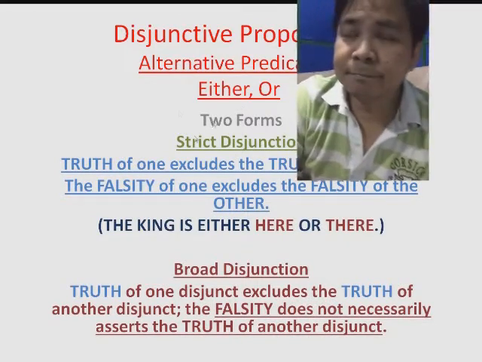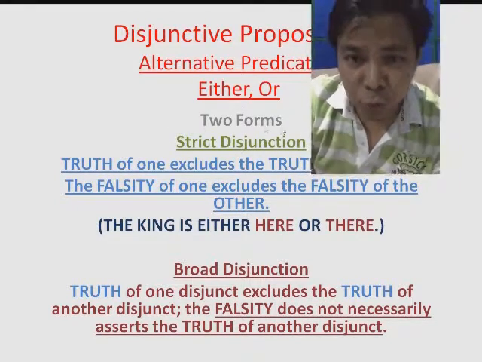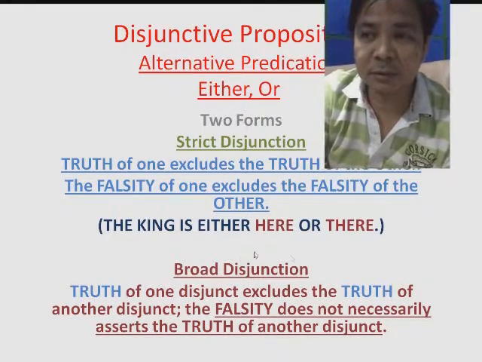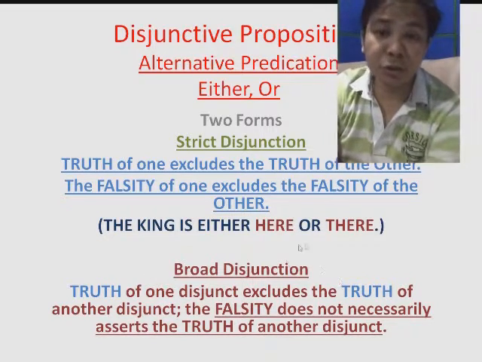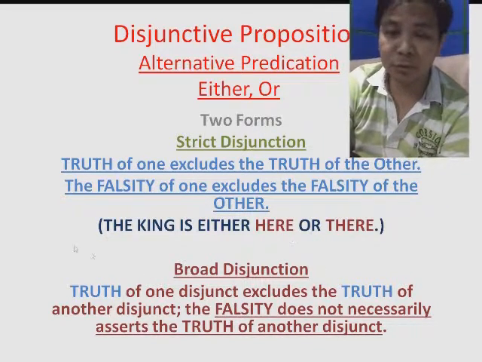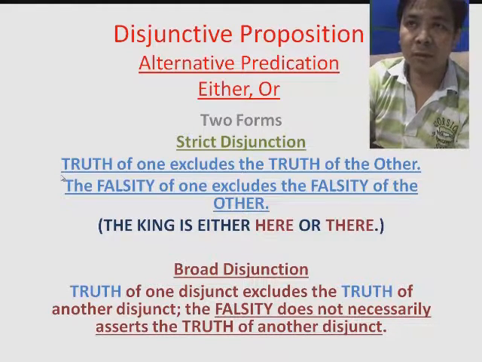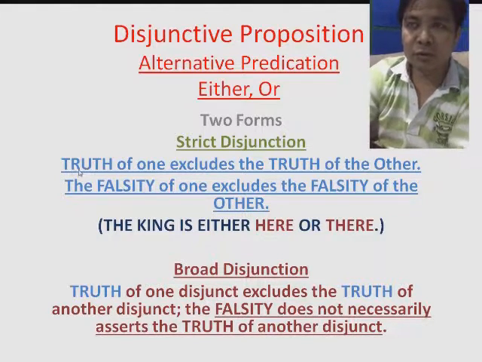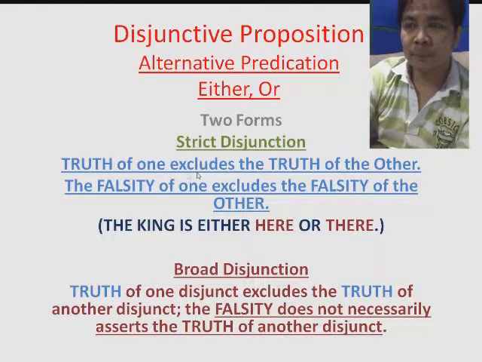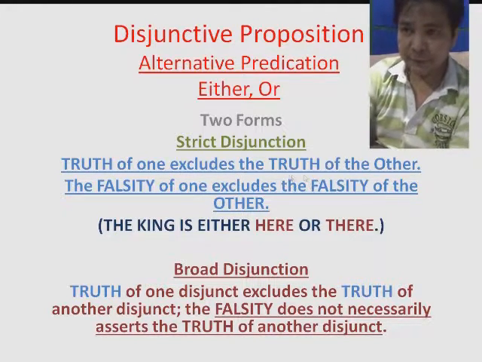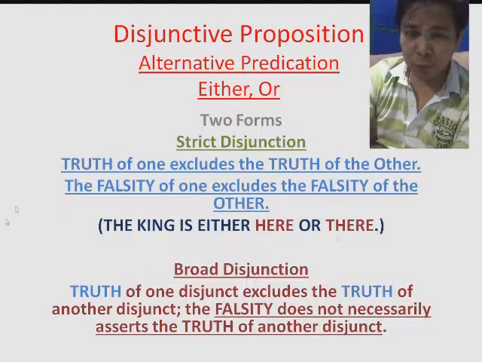Okay. And disjunctive proposition assumes also two types. Number one is the strict disjunction, and number two is the broad disjunction. Well, when we speak of strict disjunction, the truth of one disjunct excludes the truth of the other.